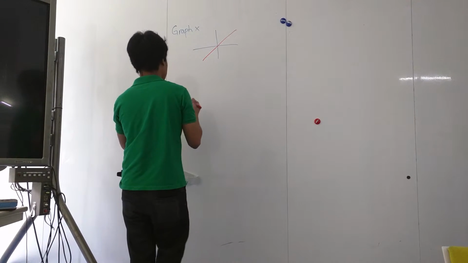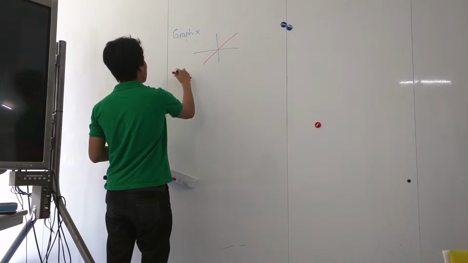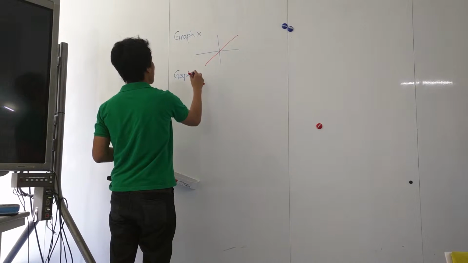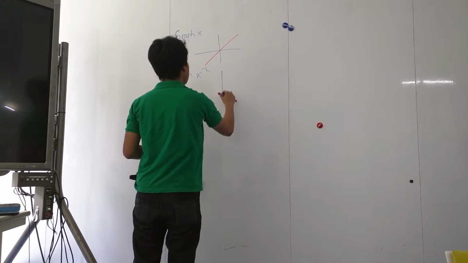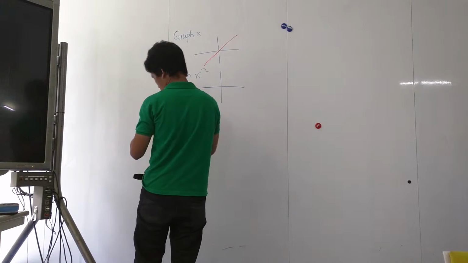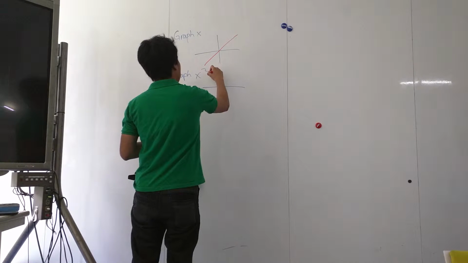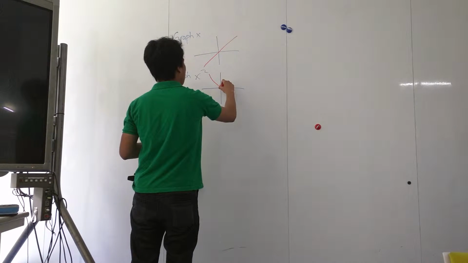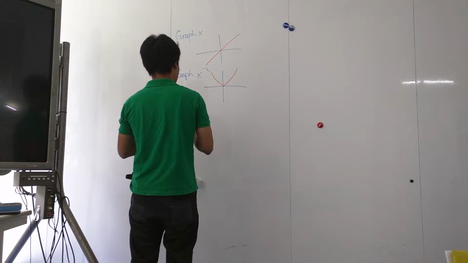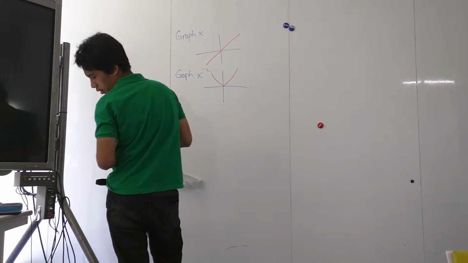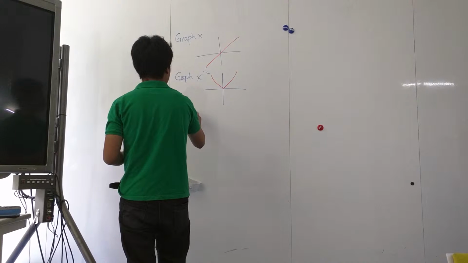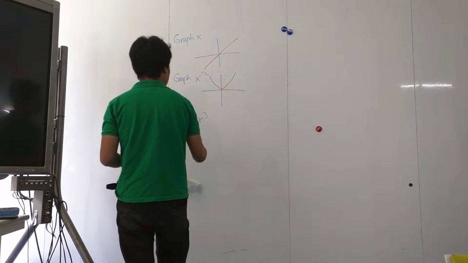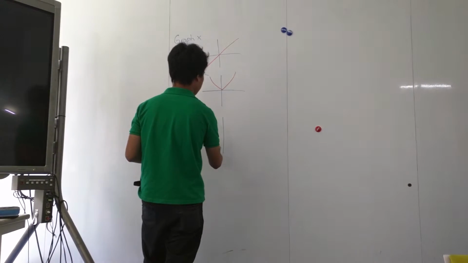And second is the graph of x squared, and it should be like this. Okay, the third is the graph of x cubed. It should be like this.